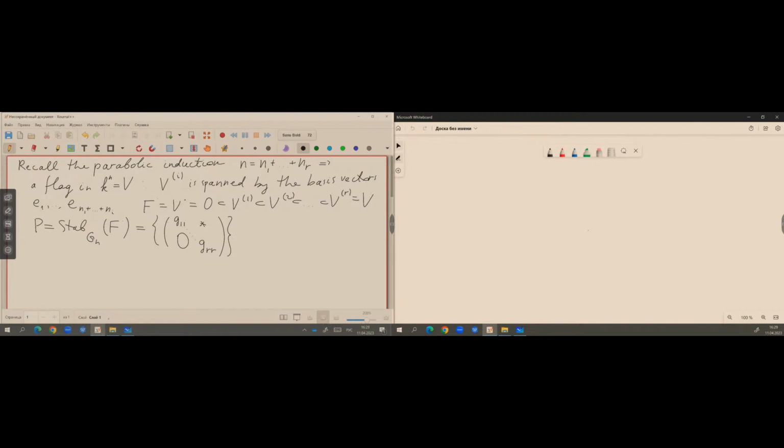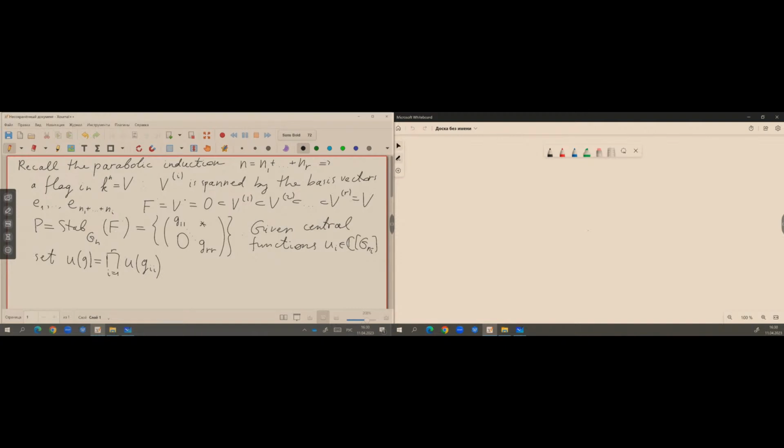And now given central functions ui on the groups G_ni, we can consider their product, u of g_i.